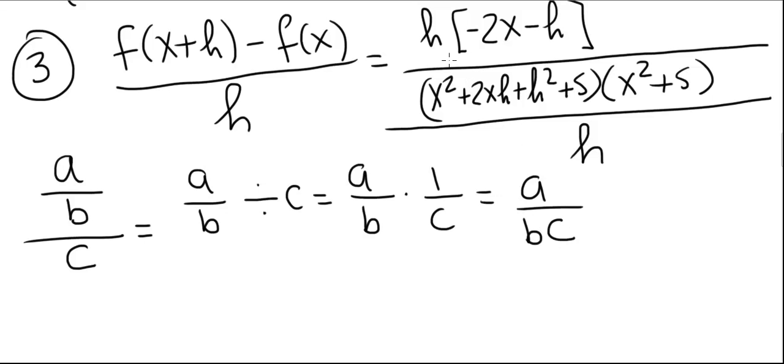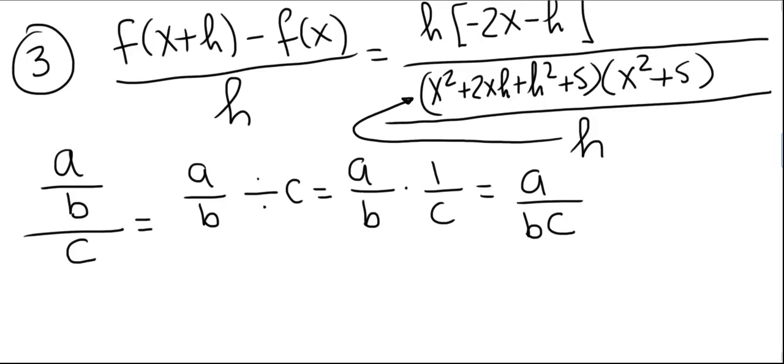So when we have a similar expression here, it's the same as having this h sitting right here at the same level as the product of the polynomials x squared plus 2xh plus h squared plus 5 and x squared plus 5. So let's rewrite that.